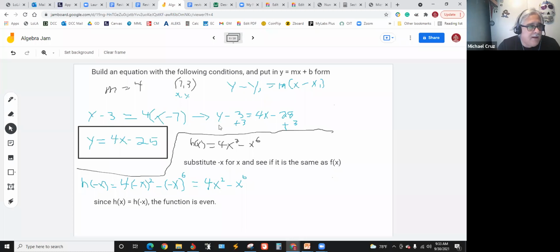And like I said, the easiest way to tell is just to look at the powers. If the powers are both even powers, then it's an even function. And if the powers are both odd, then it's odd. Now, neither could fall into some other categories, but if it was mixed, in other words, if there was a four and a three power.